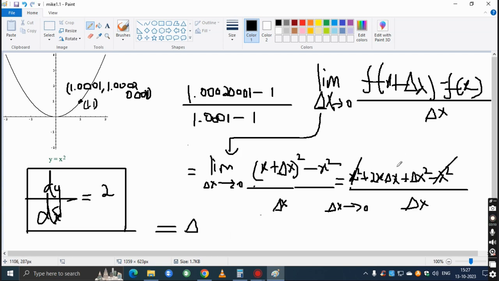Now I can factor out a delta x from here, so I'll have delta x times 2x plus delta x divided by delta x, and delta x is still tending to 0.